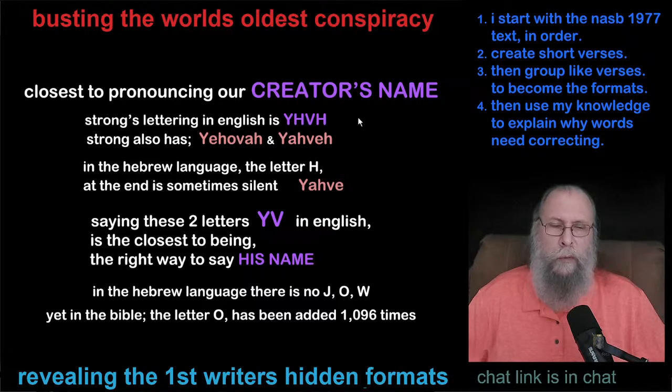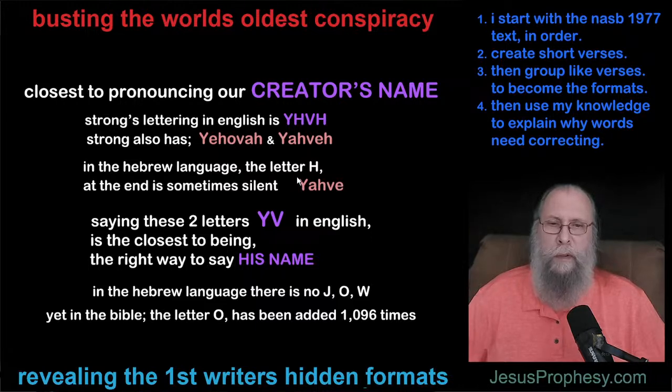Changing, or replacing, our creator's name with the letters YV, and that's the way I pronounce his name. Our creator's name is listed in Strong's this way right here, and Strong's had tried two different ways, but when you listen to people speak about their own language, the Hebrew language, the H is silent sometimes, so you'll see this as his name.